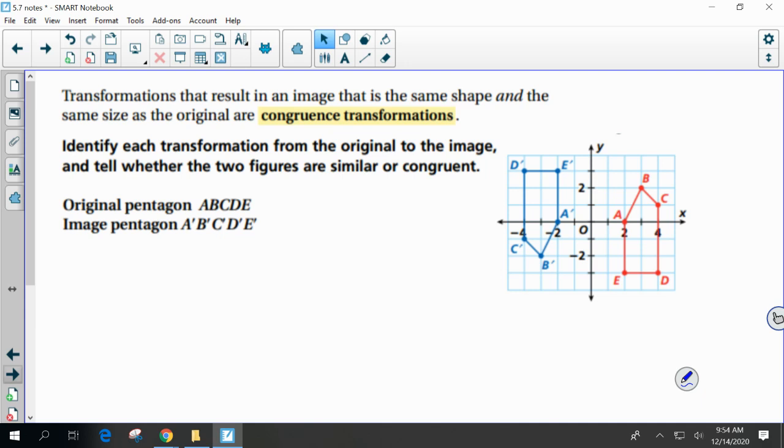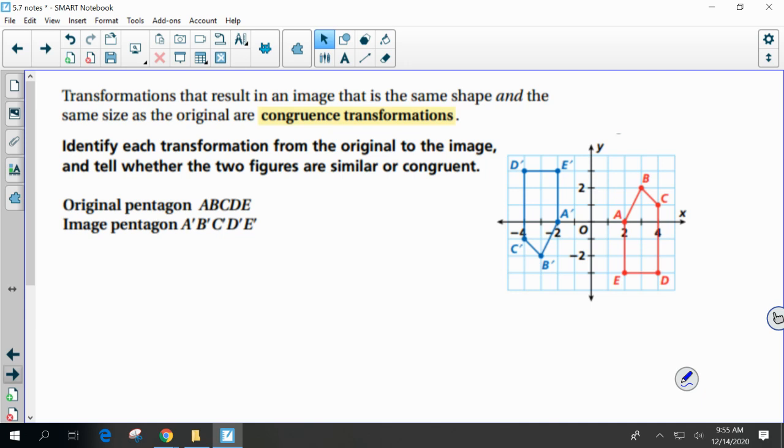No, they're not. So a translation where it just slides left, right, up, or down would not be an option for this one, because if it's a translation, they would have to be still in the same direction. So we're looking at either a rotation or a reflection for this.